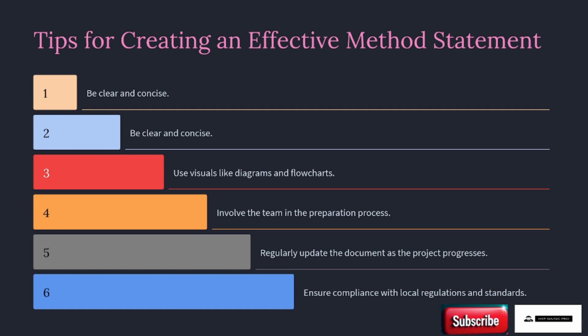The third one is to use visuals like diagrams and flowcharts. When you are preparing the method statement, I will tell you how you can make it very clear, good looking, and the smartest way of making a method statement. You need to add some diagrams and flowcharts. Sometimes in the method statement we write about how the material is to be handled, so you can add some pictures, like how you take the boom ladders or how you keep the materials, and attach some photos.